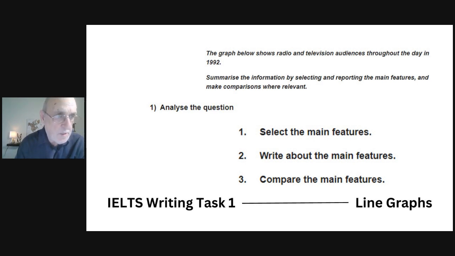It's a simple structure. I'm not saying it's easy to write an essay. It comes with practice, but it's simple. And if we keep it simple, we'll be able to effectively manage the strategy and get the score that we need on the IELTS exam writing task 1.